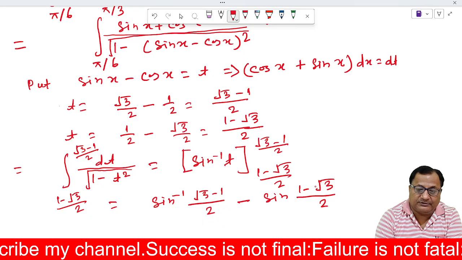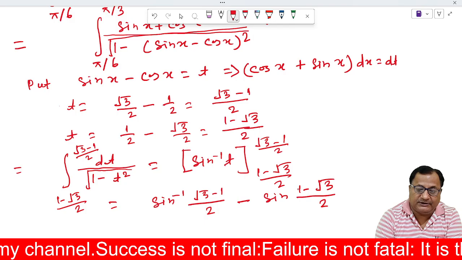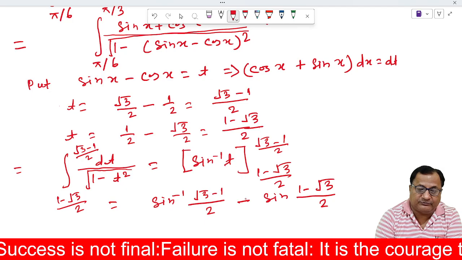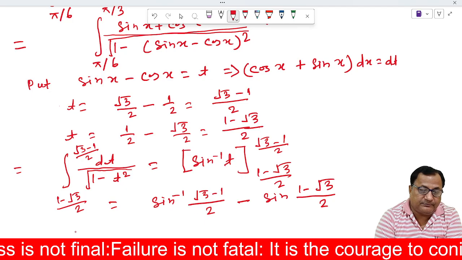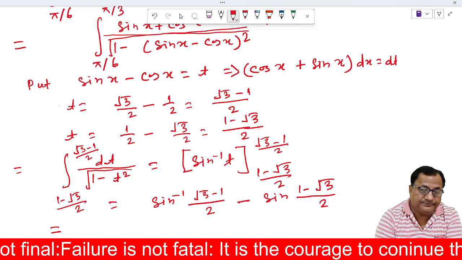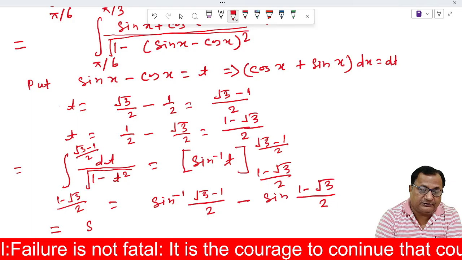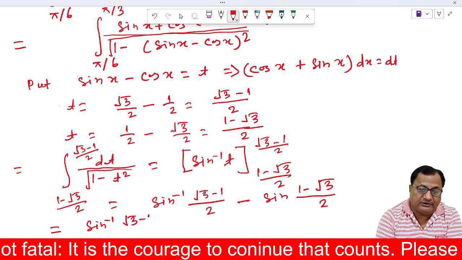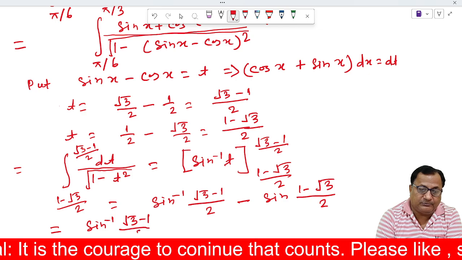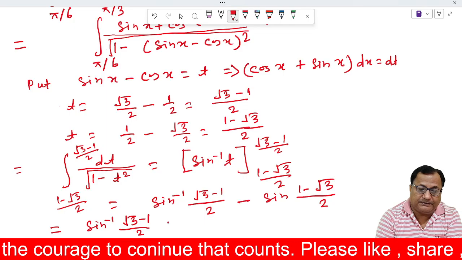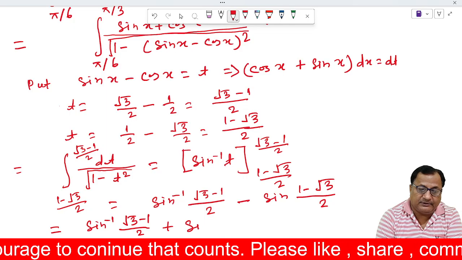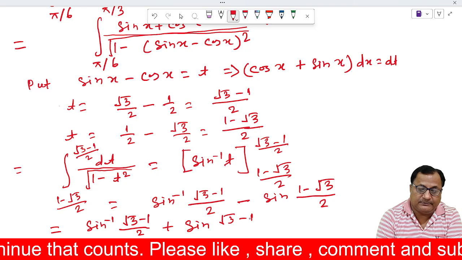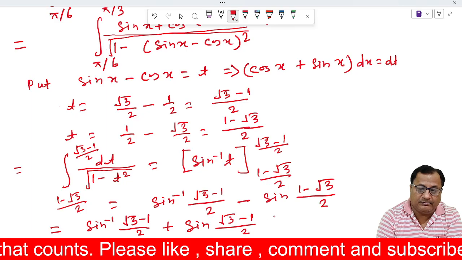If we take minus common, then this will be root 3 and this will be minus 1. So minus and minus will be plus. So it will make sine inverse root 3 minus 1 by 2 plus sine inverse root 3 minus 1 by 2.